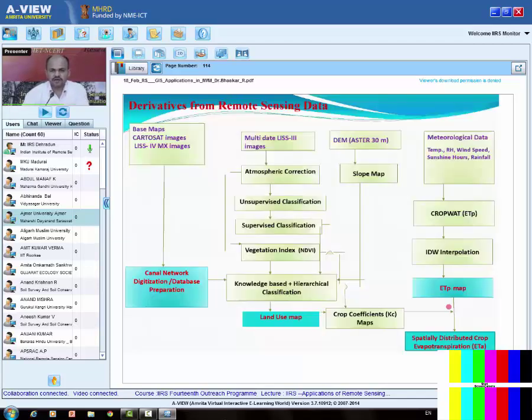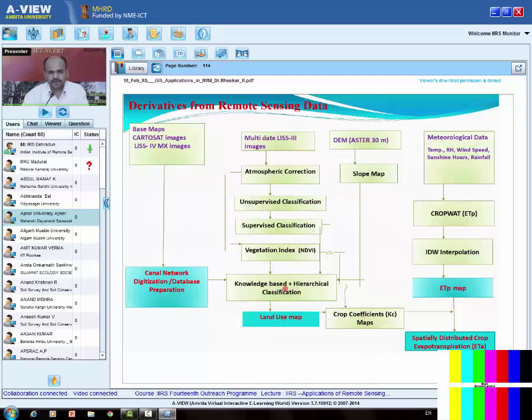And this is a flow chart of this process, where the high resolution remote sensing data is being used to generate the database, the structure map. Using multi-temporal data, we have generated the land use map or crop type map, and some ancillary information like the slope or the DEM has been used here. Now from that multispectral data, we have calculated the vegetation index.